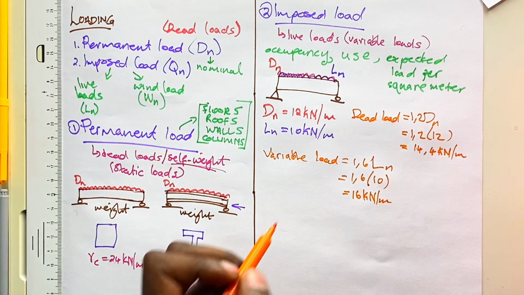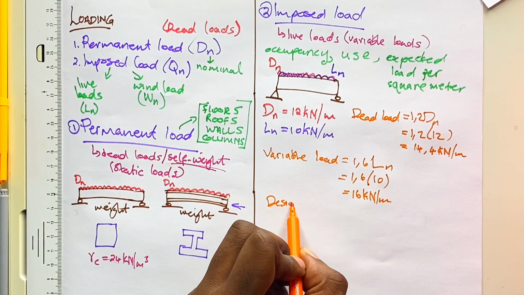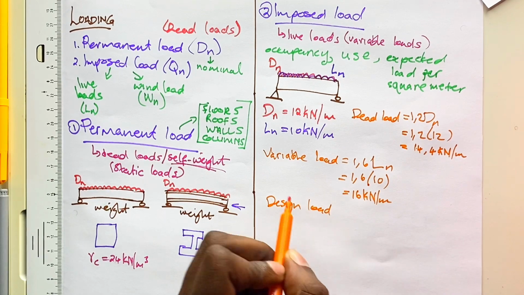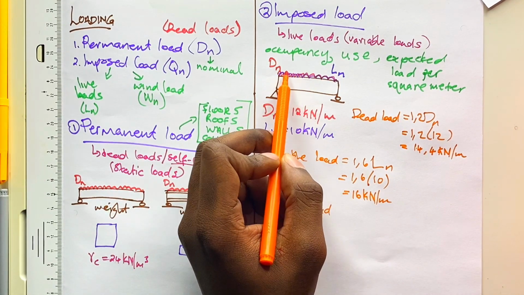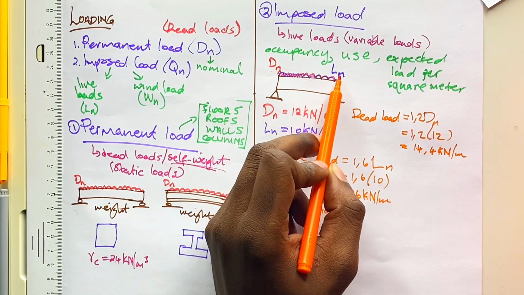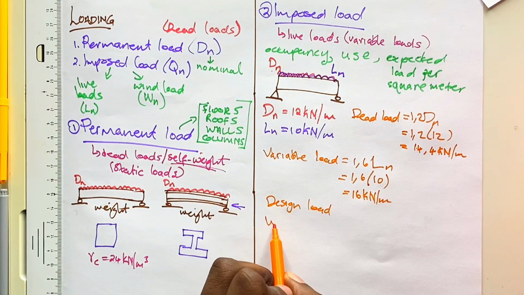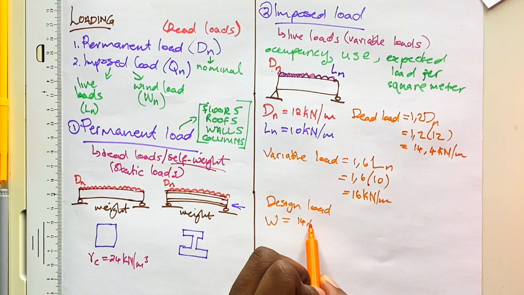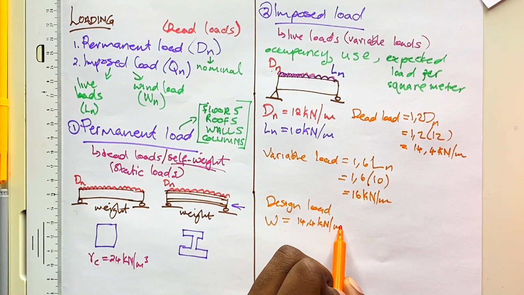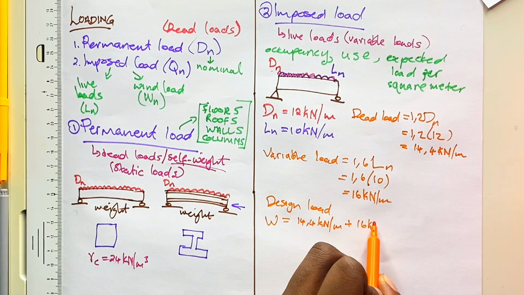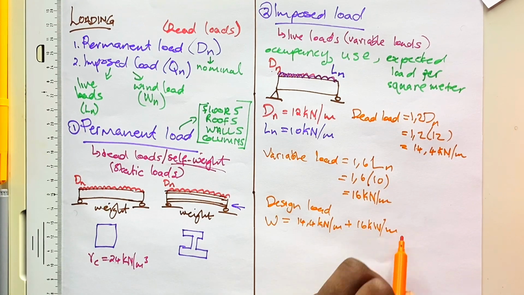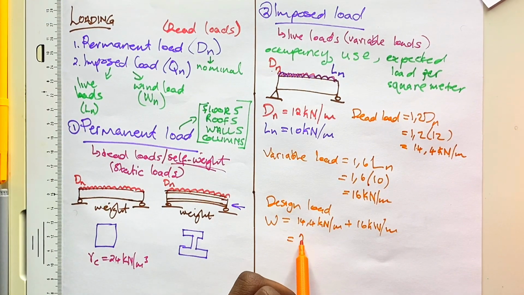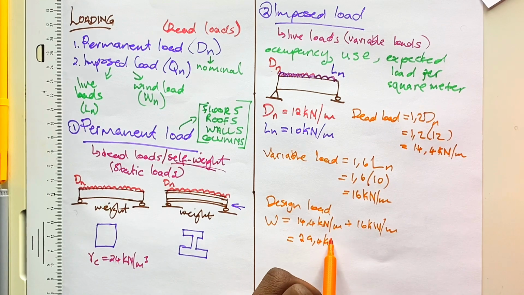Now to find my design load, it will just be the combination of the dead load and the live load. So my design load, denoted by W in this case, will be 14.4 kilonewtons per meter plus 16 kilonewtons per meter, which all adds up to 30.4 kilonewtons per meter.